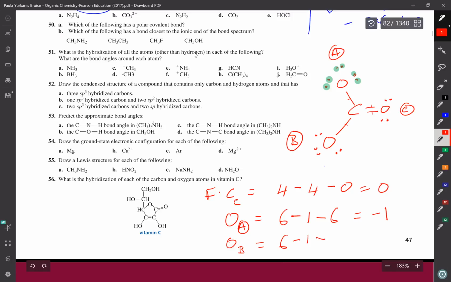Minus how many lone electrons are surrounding that oxygen atom? We have 6 lone electrons surrounding it, and these are the 6 lone electrons: 1, 2, 3, 4, 5, and 6. So minus the 6, and that gives us a charge of -1.